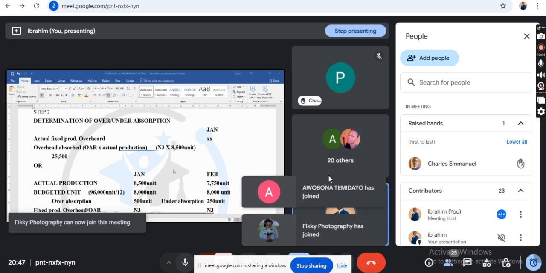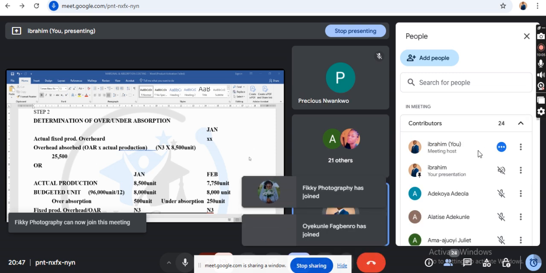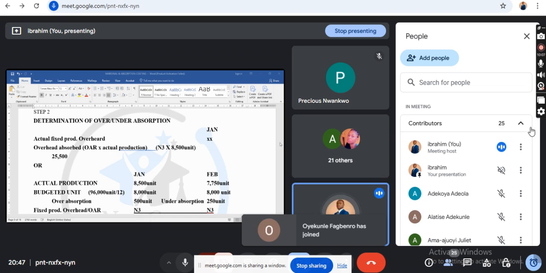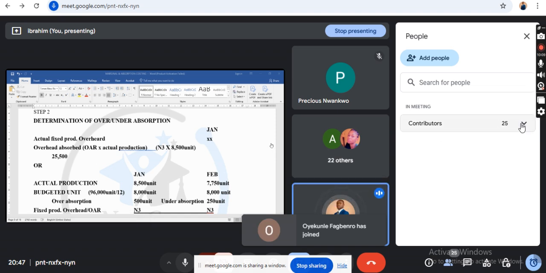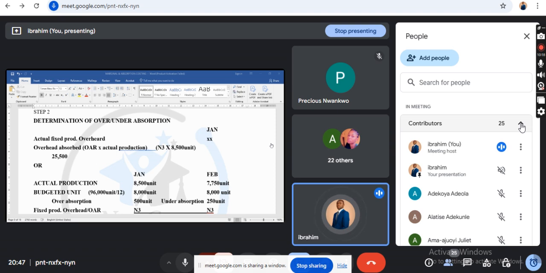You will appreciate absorption costing when we get to variance analysis, right? Your overhead absorbed will be calculated at OAR, the overhead absorption rate.